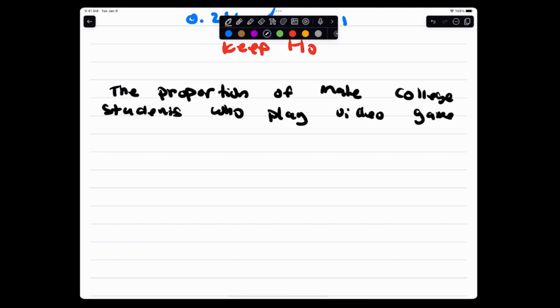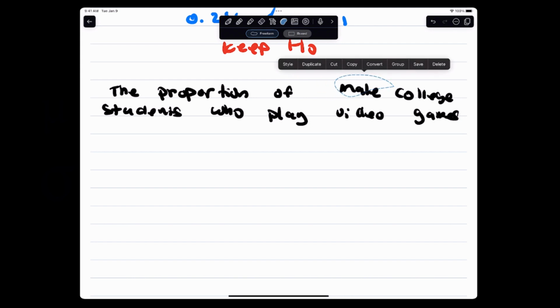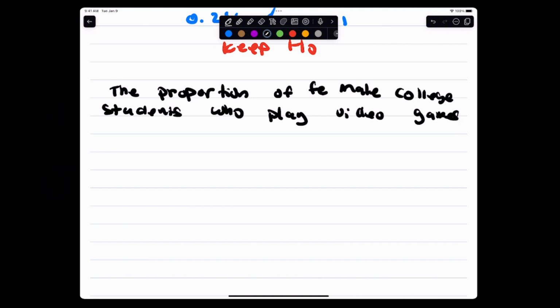And I'm going to change this one. I'm going to say the proportion of female is less than the proportion of what?